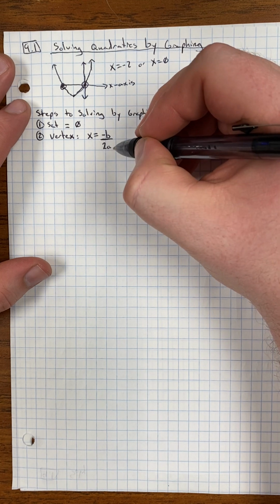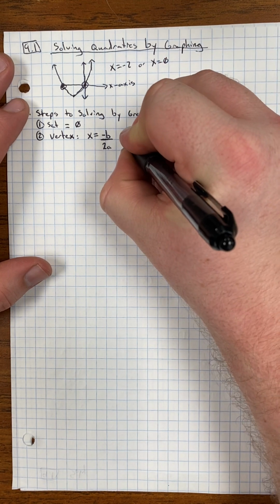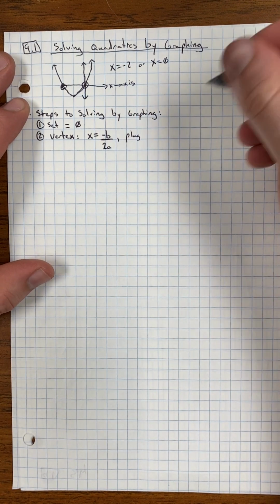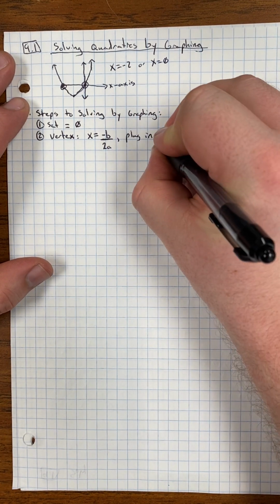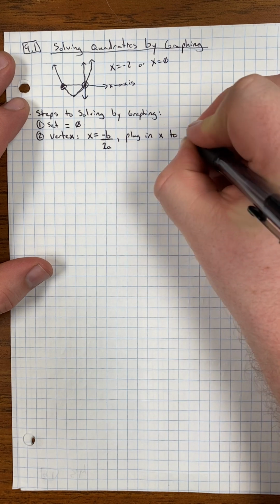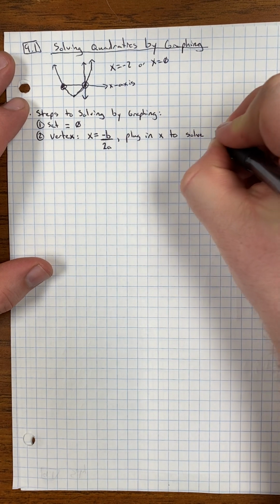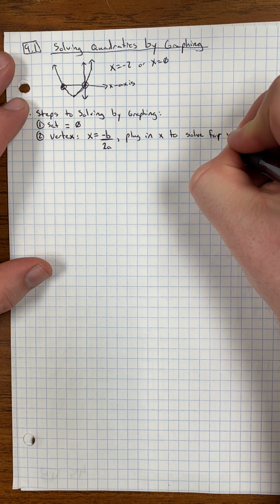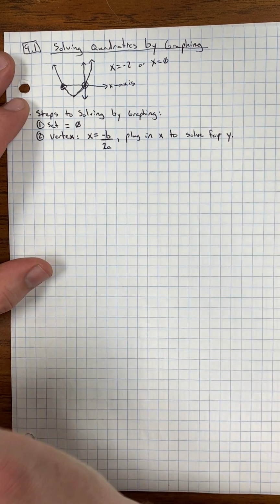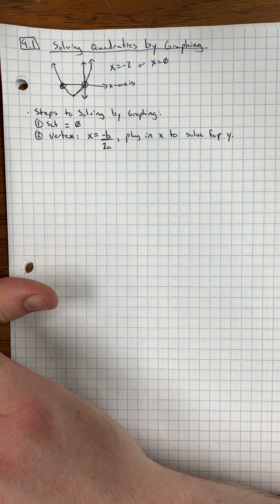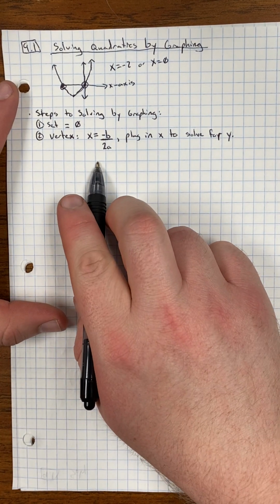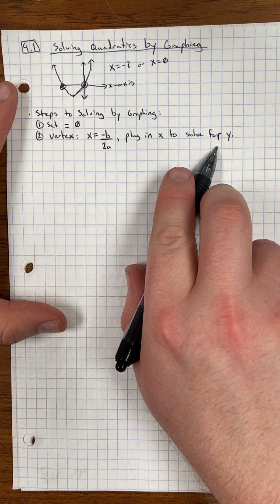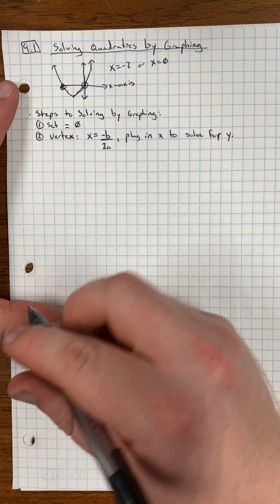First, we find the x value, and then we plug in x to solve for y. So two steps within step two: we find the x value by plugging into this formula, and then we plug in the x to find the y value.